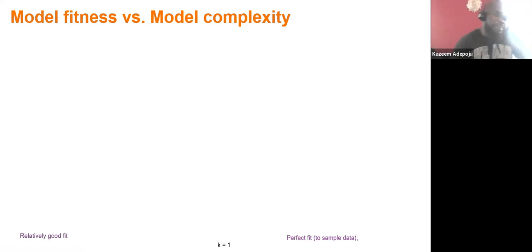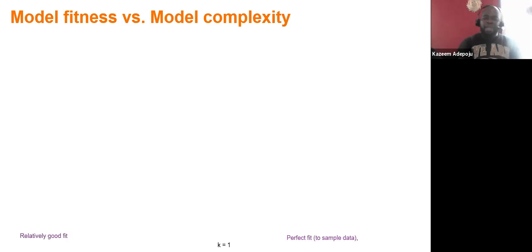Now, the next thing we want to talk about is model fitness and model complexity. When we are trying to look for fitness, we may be tempted to add more regressors, and when you add more regressors, that could lead to what I call model complexity.